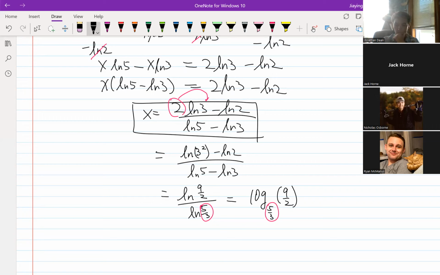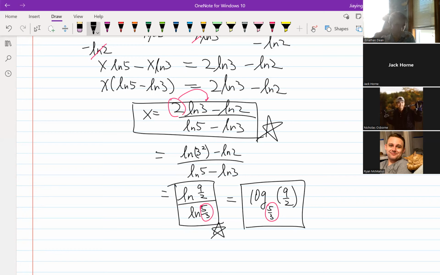But to be honest, I really don't expect that it's necessary to write it in the single log form. I think this one is perfectly acceptable. Even the division on the left side is perfectly fine, just as good as the final condensed form. So it's not required. As long as you have one of the 3 forms of the answer, then you'll be fine.